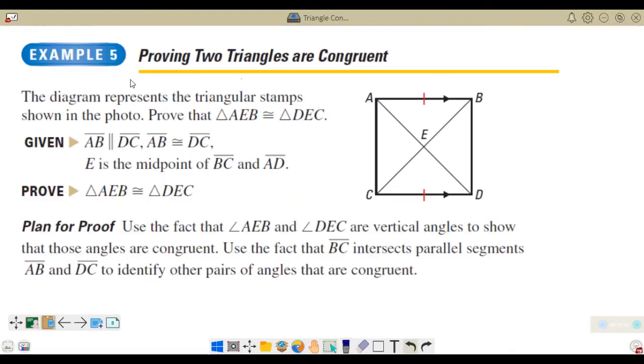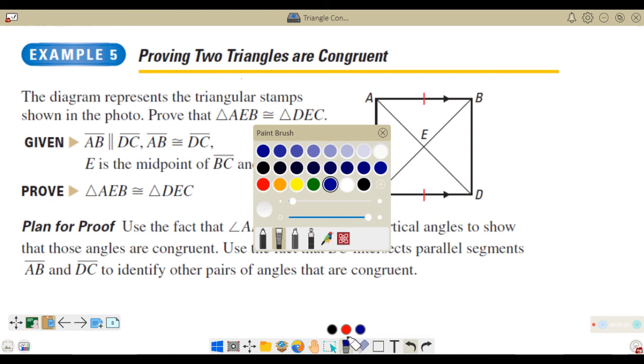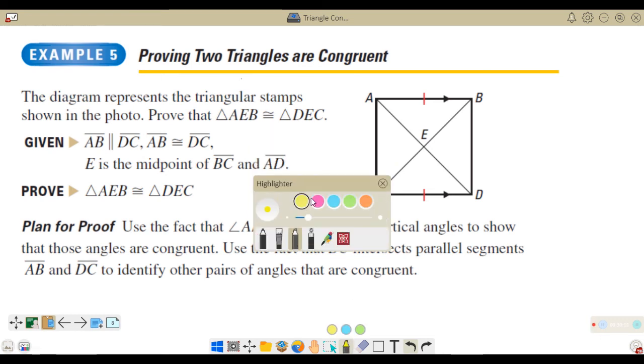Sige. So, proving two triangles are congruent. So, the diagram represents the triangular stamps shown in the photo. Prove that triangle AEB is congruent to triangle DEC. And we have the given here. So, meron tayong mga markings. Take note of our key markings.